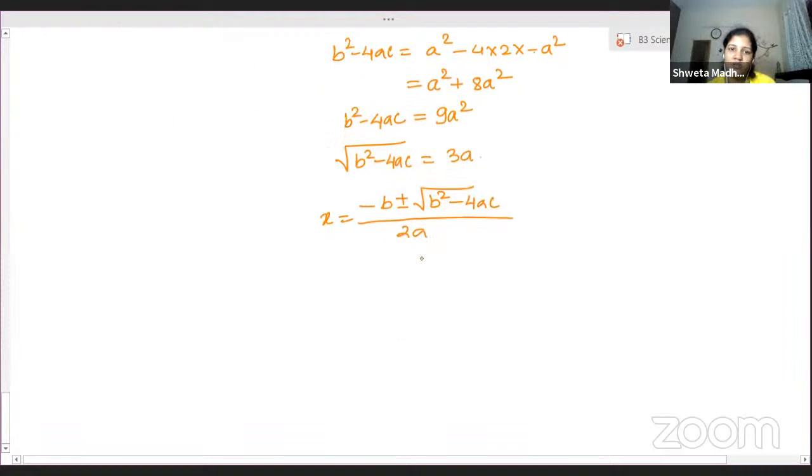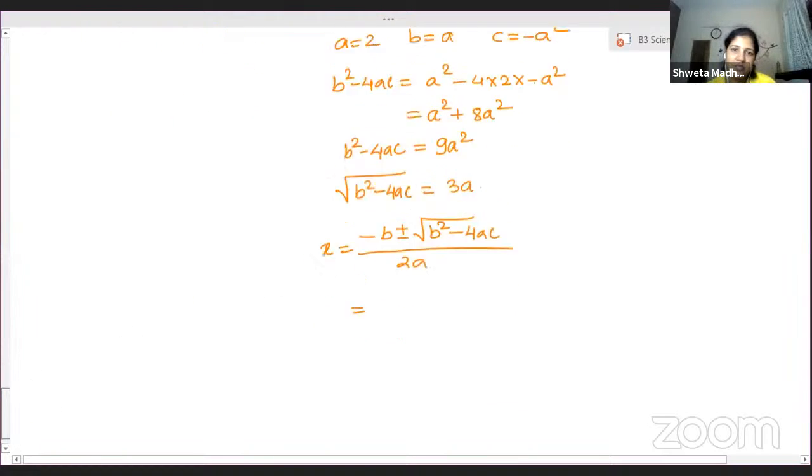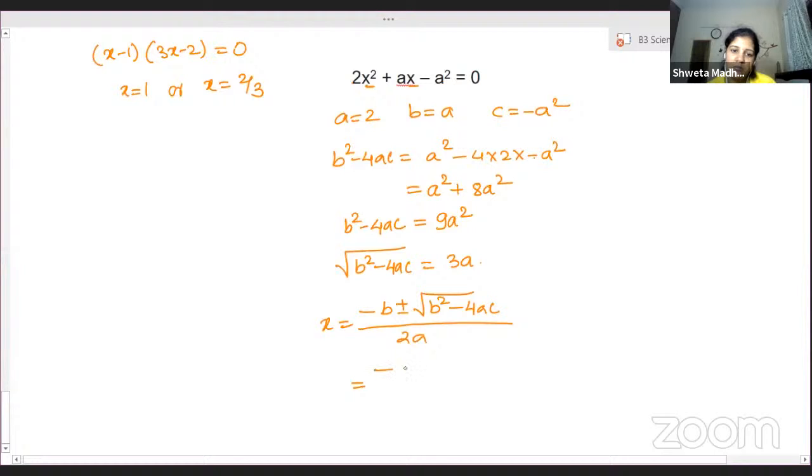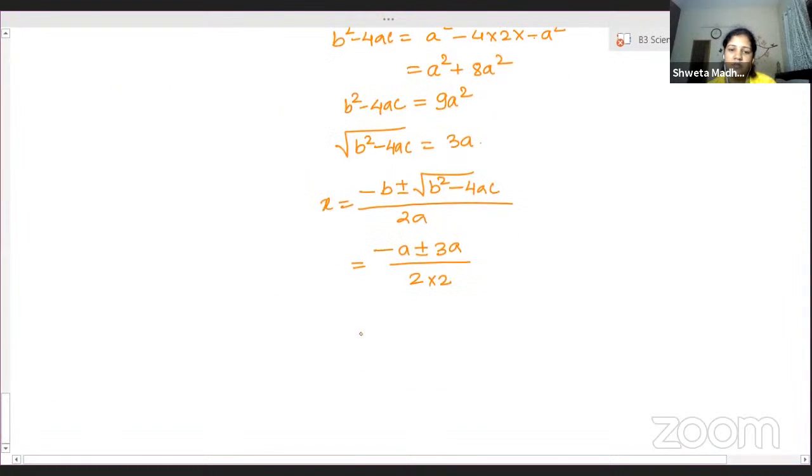Now substitute values. What is minus b? It is minus a. Minus a plus minus 3a by 2 into 2, which is 4. Simplify. Minus a plus minus 3a by 4 is the x value. So one value of x is with the plus sign, and another value of x is with the minus sign, minus 3a by 4.